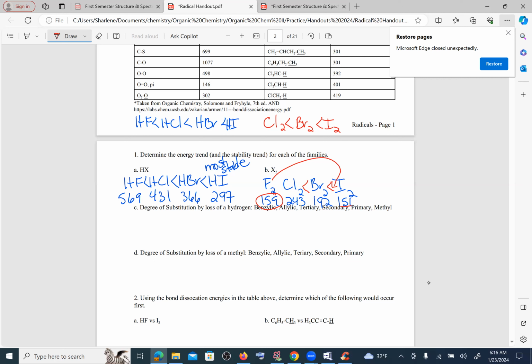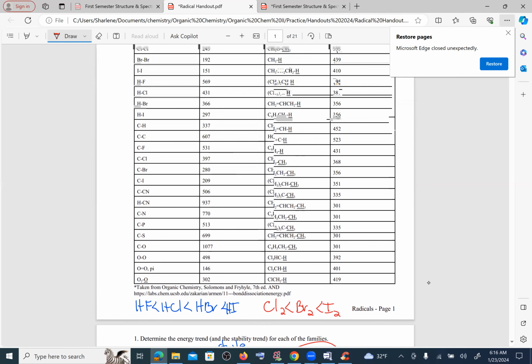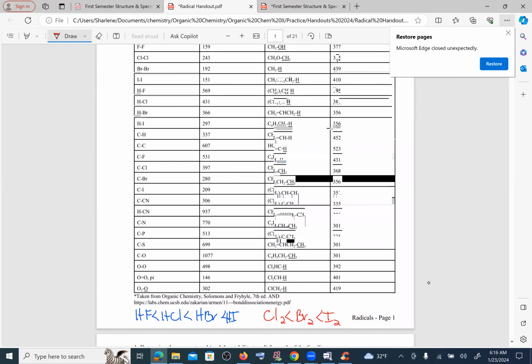All right, so I need to know there's my benzylic, there's my allylic, tertiary, secondary, primary, methyl. I ask for this in two different ways. One of them is just ripping off a hydrogen, and one of them is ripping off a carbon.